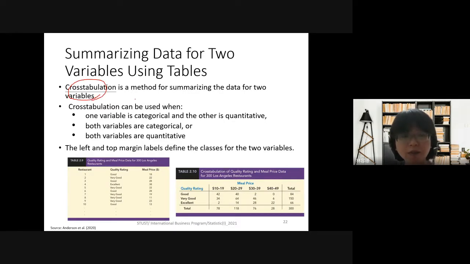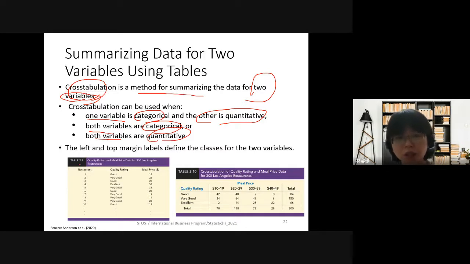Cross tabulation is a method for you to summarize the data with two variables. For example, one variable is categorical and the other is quantitative, or both are categorical, or both are quantitative. You can use the cross table to express it.